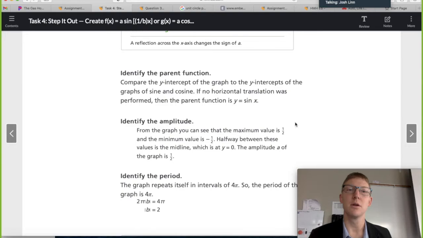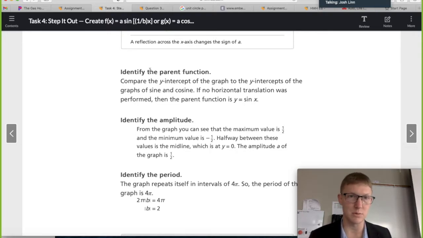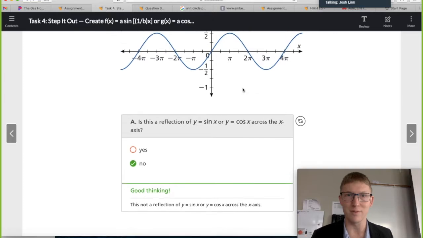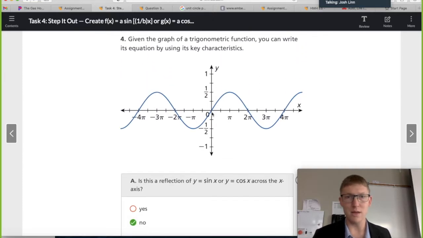As I was saying, you need to first identify the parent function. So compare the y-intercept of the graph to the y-intercept of the graphs of sine and cosine. If no horizontal translation was performed, then the parent function is y equals sine of x. And the way they knew that is, it goes through (0, 0). So which one, sine or cosine, is 0 at theta equals 0?